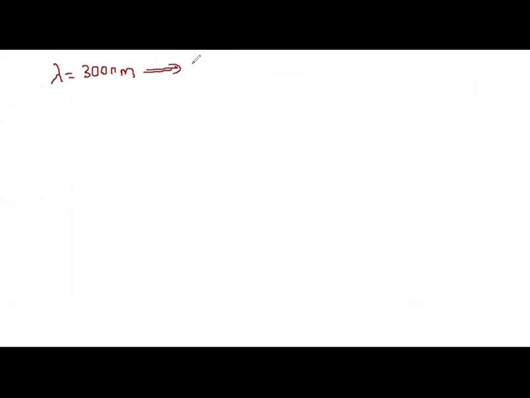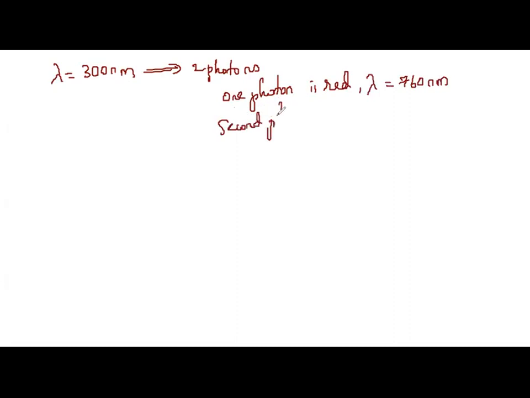One photon is red and its wavelength is given, 760 nanometers. What they have asked is the wavelength of the second photon. So how do we do it?